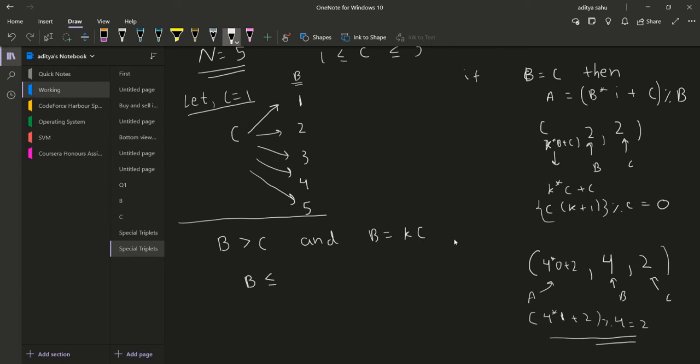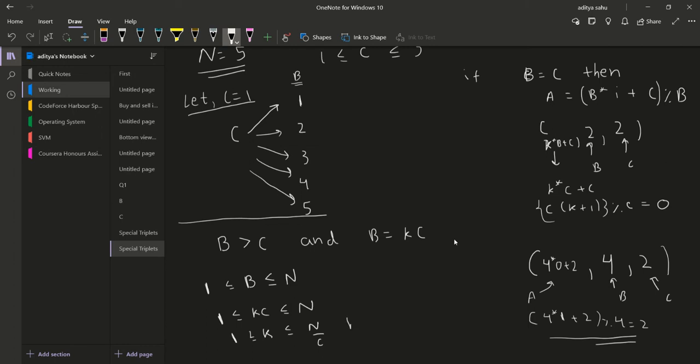As it says in the question, B is ranging from 1 to n. So I can say it like this, that B is equal to k times C, and this is less than or equal to n, and this is greater than or equal to 1. So the valid values of k, as I did it earlier also, is n by c, and this is of course greater than or equal to 1.